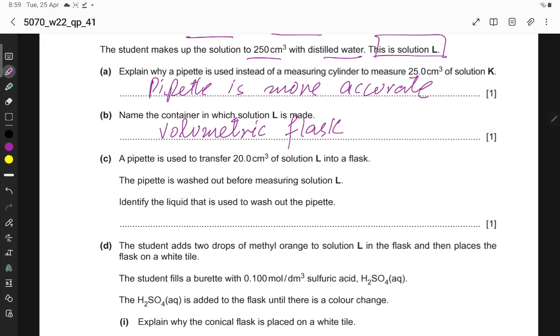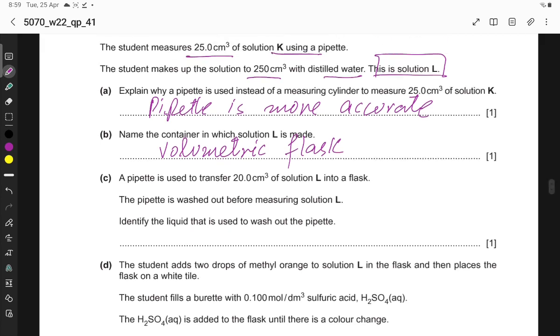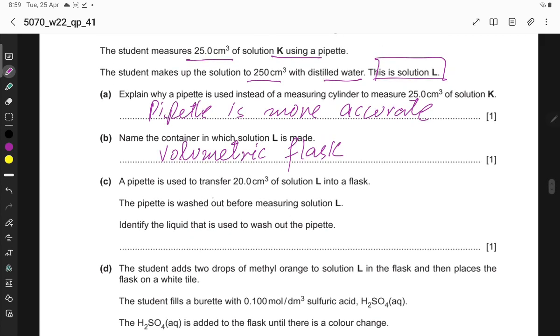The pipette is washed out before measuring solution L. Identify the liquid that is used to wash out the pipette: that is, solution L.